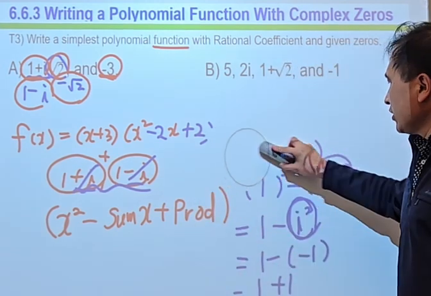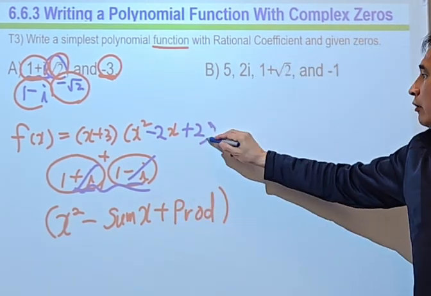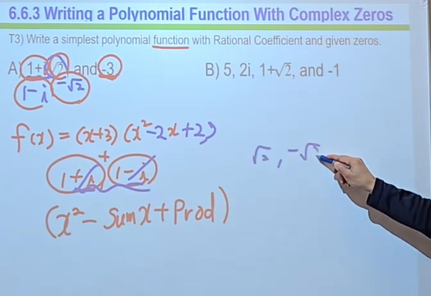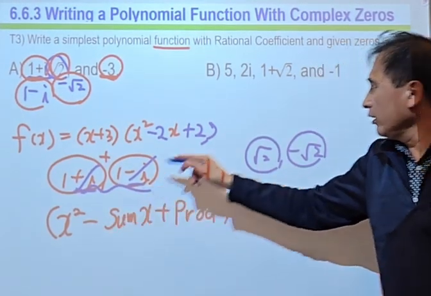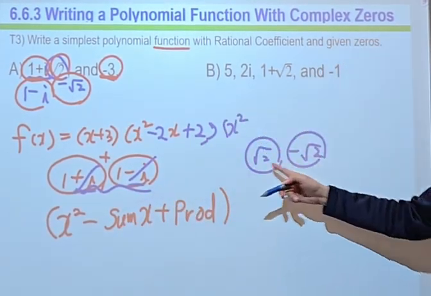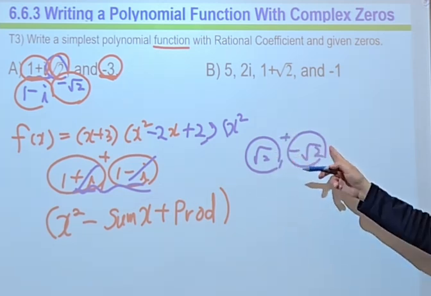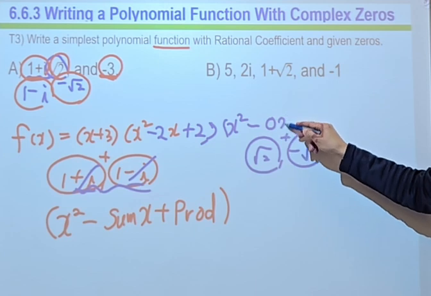Okay, now same thing, but now we can use root 2 and negative root 2, right? From these 2 zeros, I'm going to use the same thing, x squared. Sum, you add them. Just the opposite sign, right? Then that becomes 0. So minus 0x.